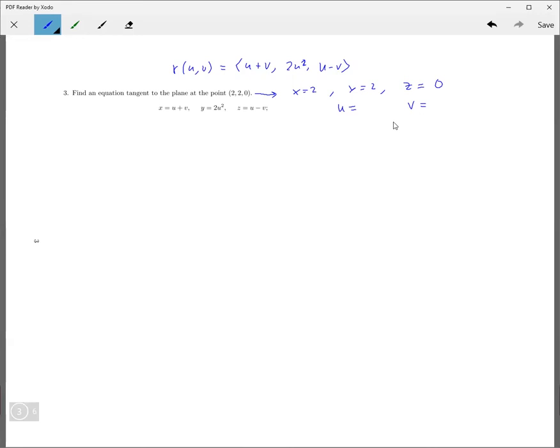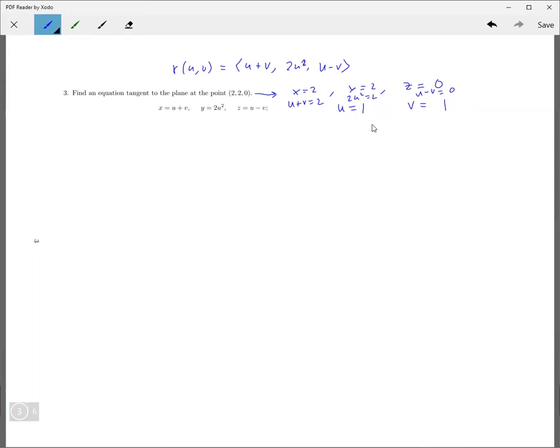We can try to solve it. That would be u plus v equals 2, 2u squared equals 2, and u minus v equals 0. So u and v are 1 and 1. The first and last equations force them to be 1 and 1, and the middle one is just lucky that it worked out.